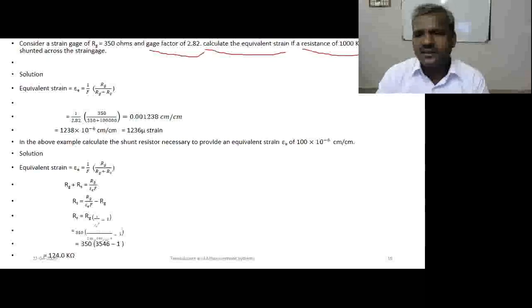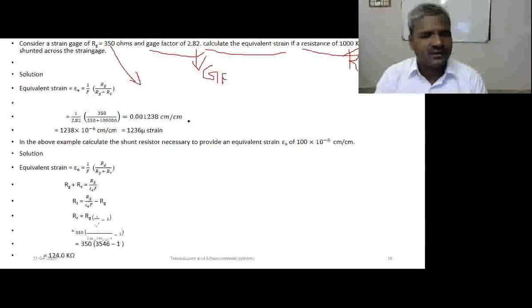So the shunt resistance RSH is 1000 kilo ohm, the gauge factor GF is 2.82, and Rg is the nominal value of the strain gauge. Rg, gauge factor and RSH are all given.